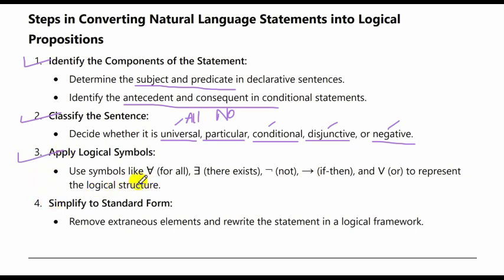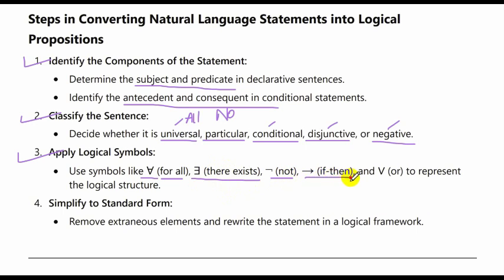Now we will use the symbol mirrored A for all. Wherever we get a universal statement, we'll apply the word for all. E is there exists, or existential. This is for the not.